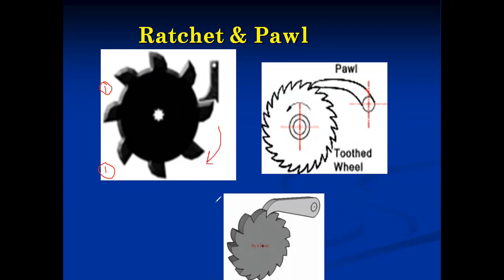In the second figure, the arrow is already shown: clockwise or anti-clockwise? Anti-clockwise. Further, in the third case, how will the ratchet rotate? Anti-clockwise, something like this. So we can see one-direction motion, instead of power transmission, motion.